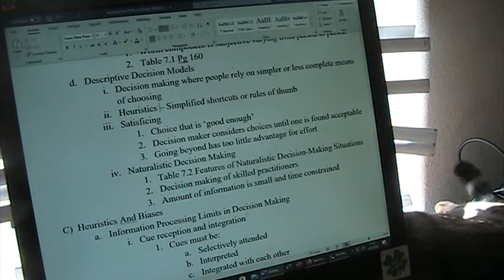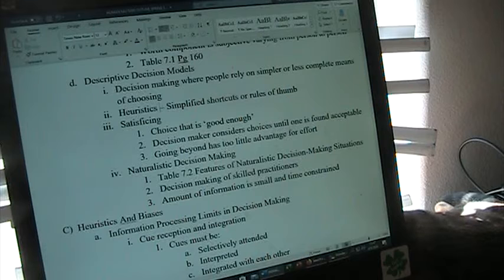All right, so the first we're going to talk about is satisficing. Satisficing means that when we get to a choice that's good enough, we stop. The decision maker considers the choices until they find an acceptable one.